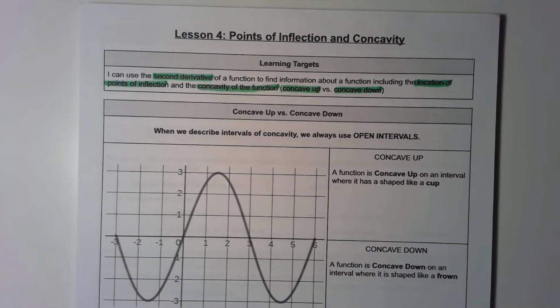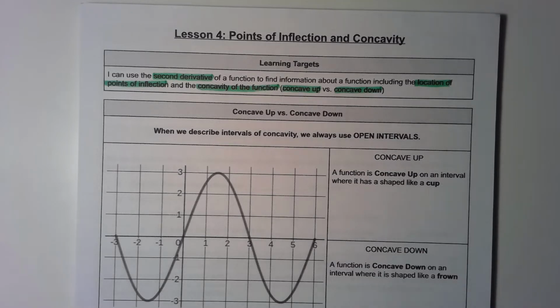Okay, let's start by looking at concavity. So we've talked about concavity before as the curvature of a graph. In this lesson, we're going to be talking about finding intervals where the function is concave up and intervals where the function is concave down. When we describe intervals of concavity, we always use open intervals.